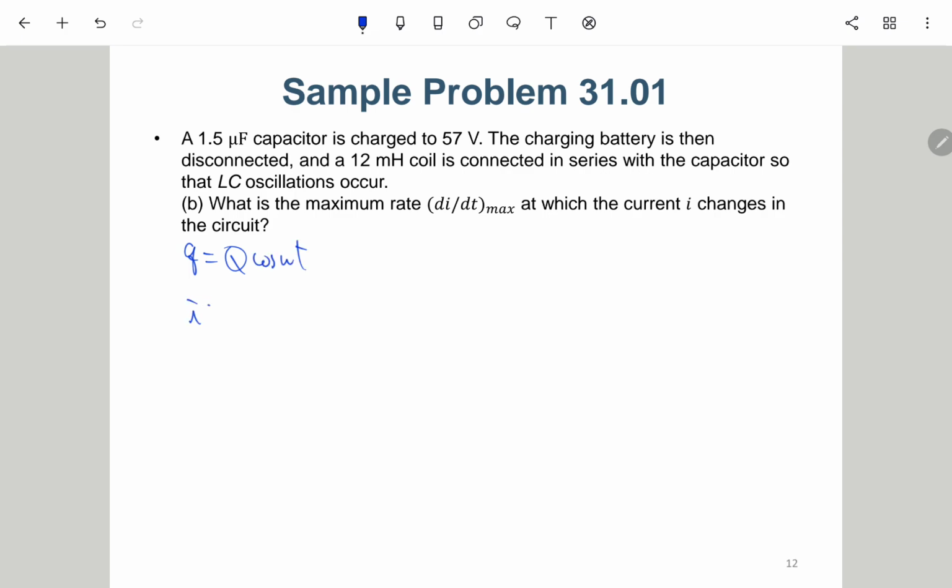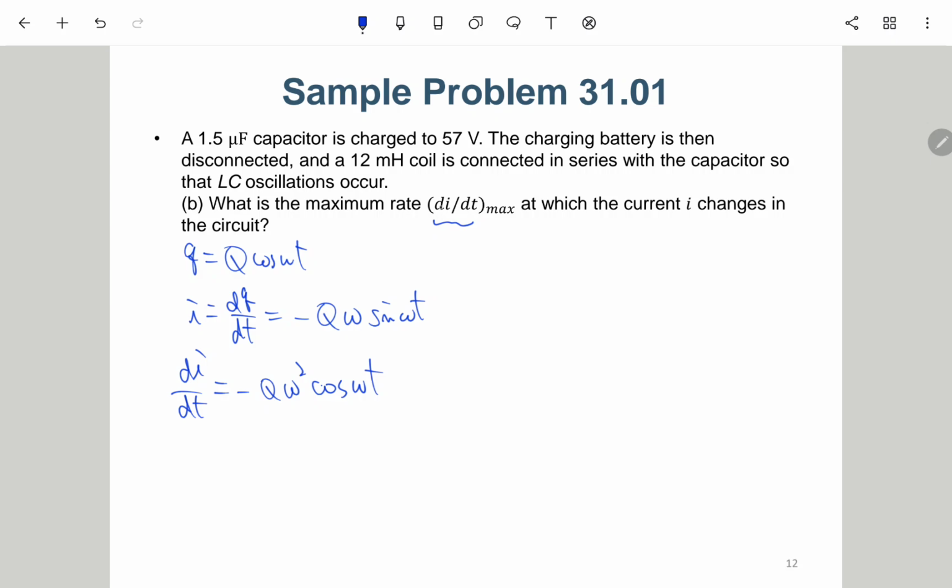So I is actually dq/dt, which is negative Q omega sine of omega t. And then we take the derivative of I, so dI/dt is nothing but negative Q omega squared cosine omega t.